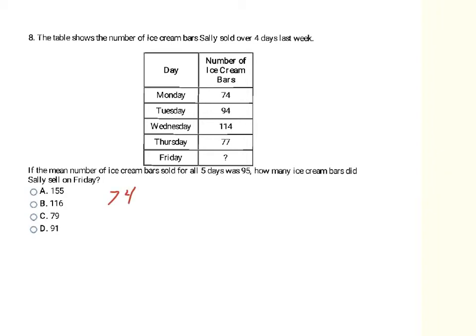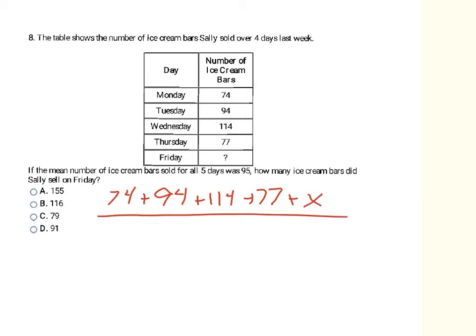So I would take 74 plus 94 plus 114 plus 77 plus that mystery 5th day number. So I'm going to put plus x. And then I have 5 days, so I'd divide that sum by 5. And I know that would equal my mean. And here it tells me my mean is 95. So I'm going to set that equal to 95. And so now I just have to solve for x.